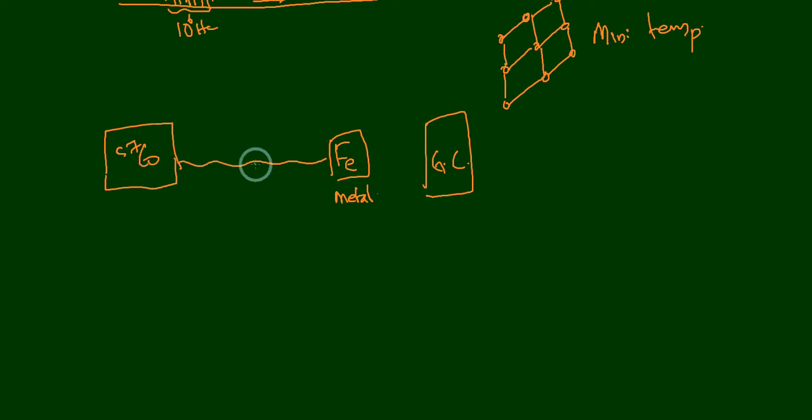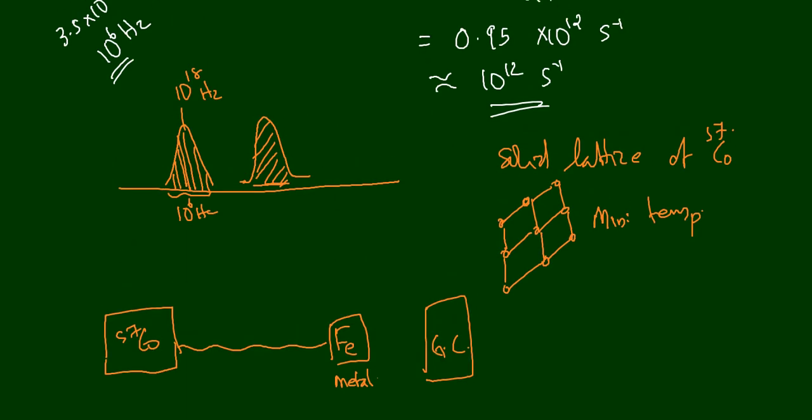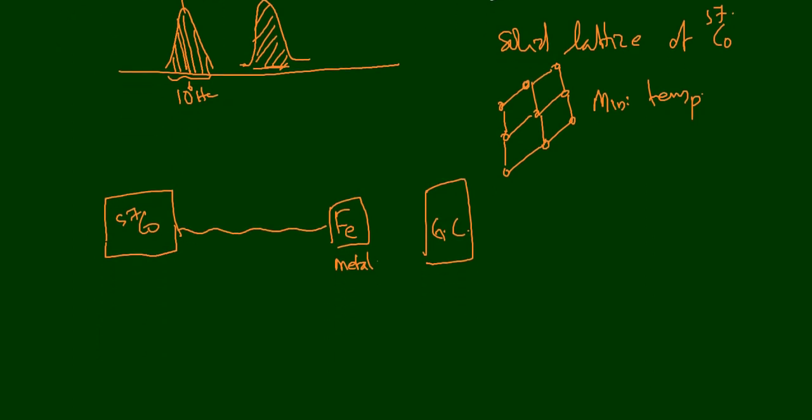So it will emit a gamma radiation which falls under the expected band, and that will be absorbed by the metallic iron and recorded in the Geiger counter. That was an important observation by Mössbauer.